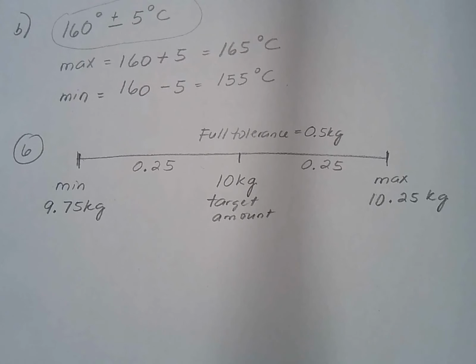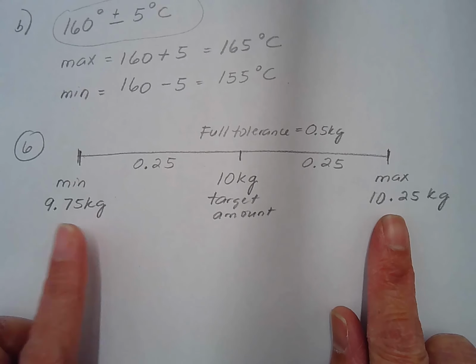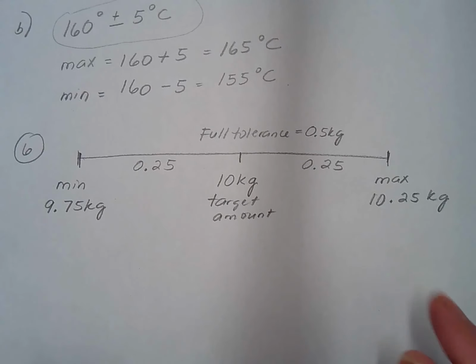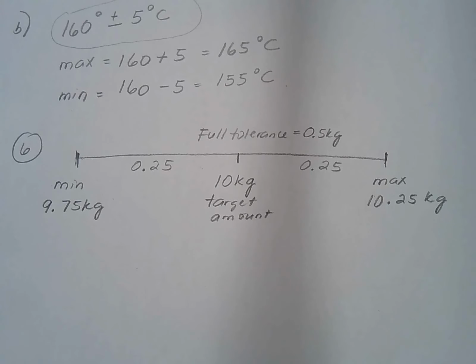Okay, so the full tolerance is 0.5. So if you look at the spread between minimum and maximum, that's 0.5 of a difference. Is everybody okay?